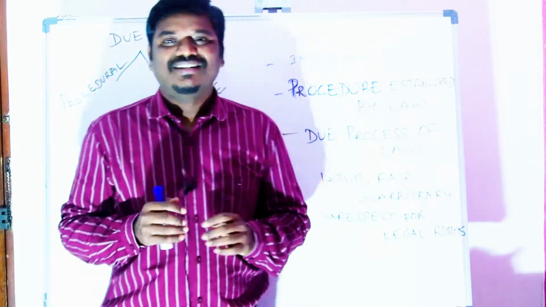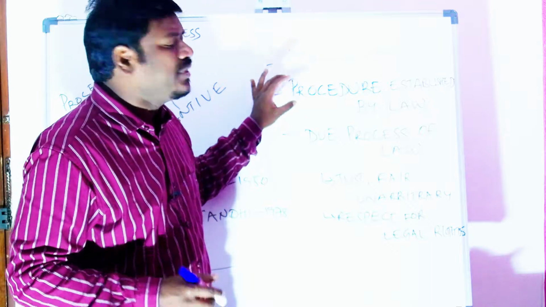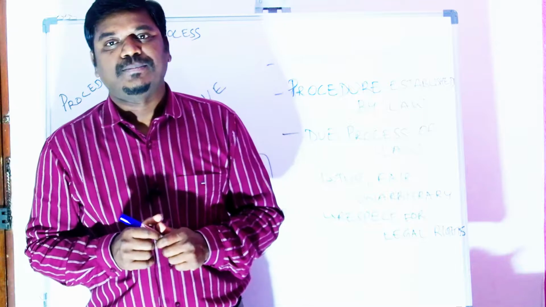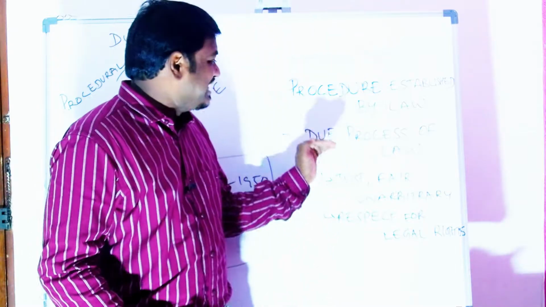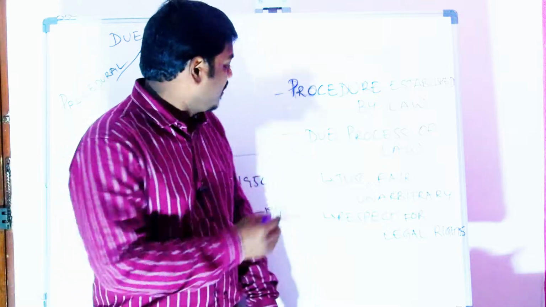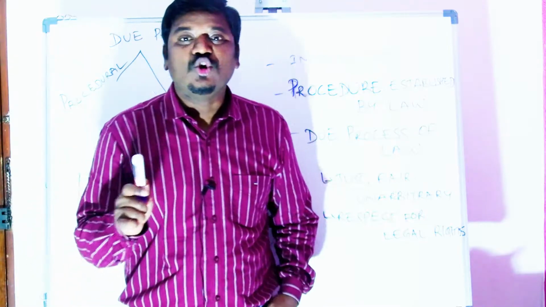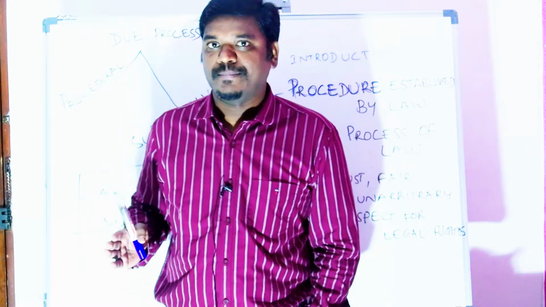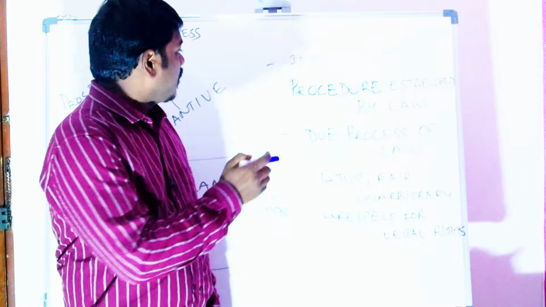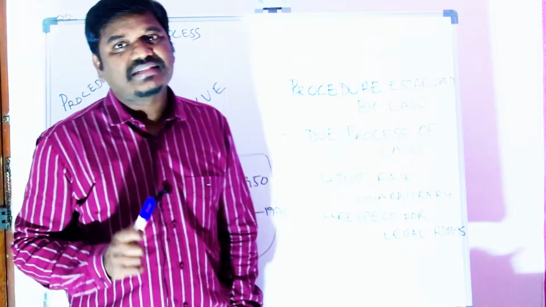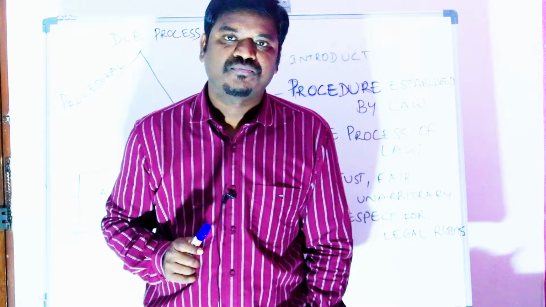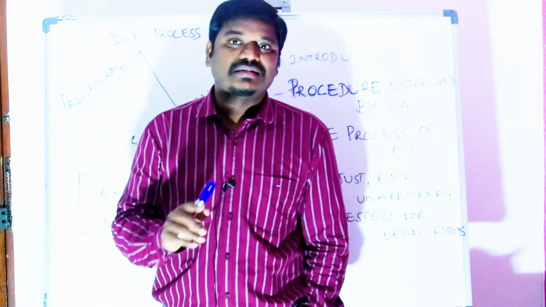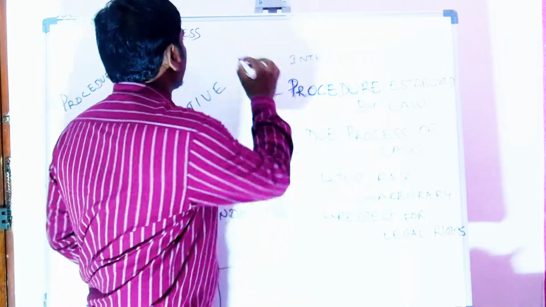All right. First, where do we come across these two words in our Indian Constitution? Due process of law. This doctrine is nowhere specified clearly in the Constitution. However, the doctrine procedure established by law is very clearly stated in Article 21 of the Constitution.